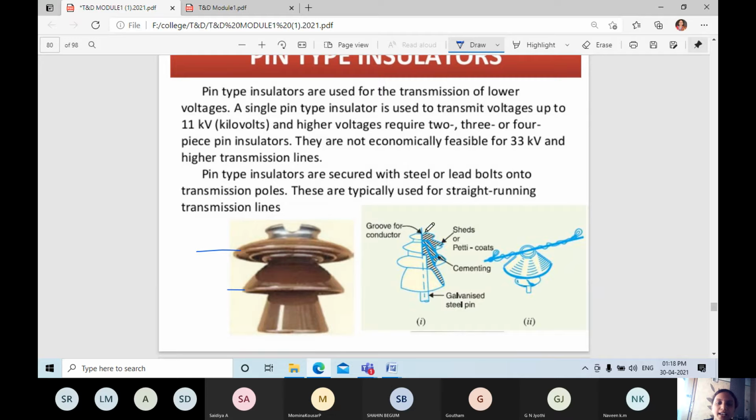That is where the conductor is placed. This will be connected to the tower. You can observe this figure. Here the conductor is connected. What do they use? They may use copper wire or aluminum wire.